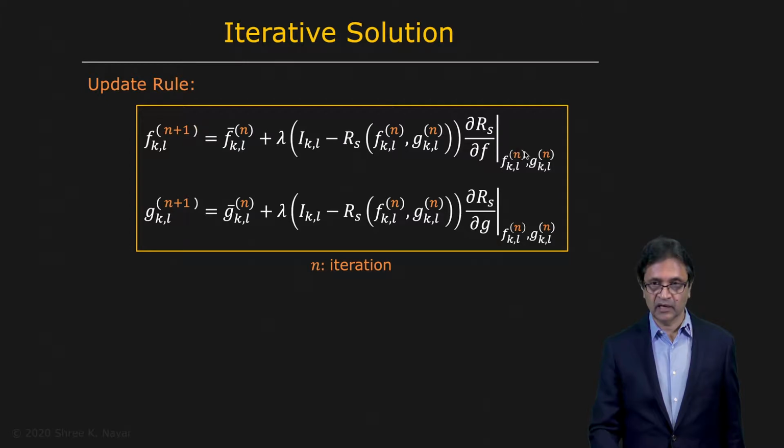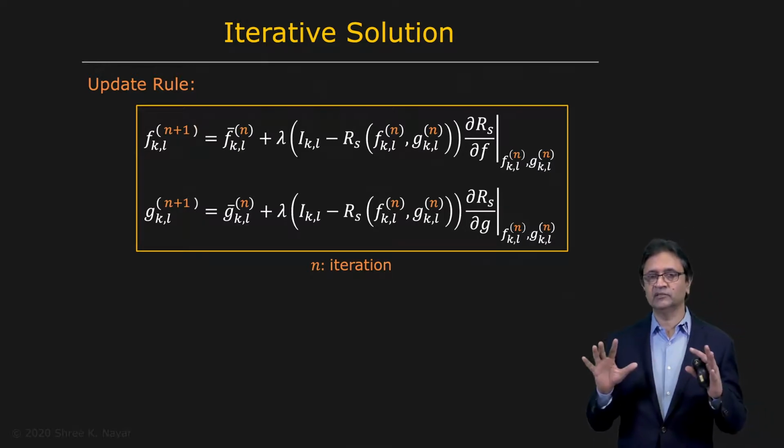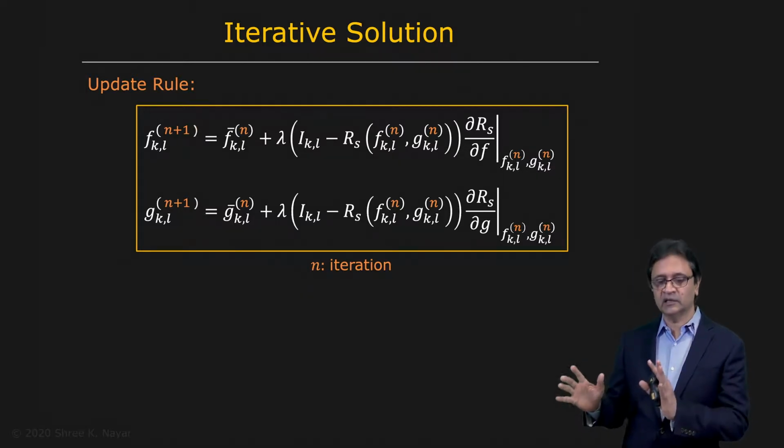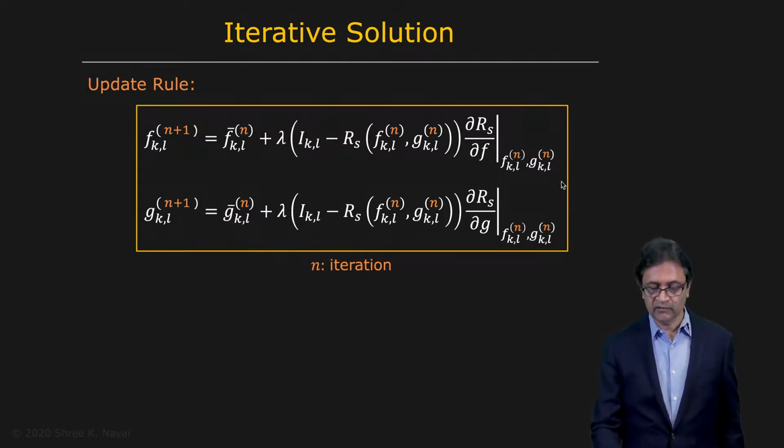N is not an exponent here. It's the iteration number. So what this means is that, let's imagine for a minute you start with some FKL, GKL values. You use all of those values on the right-hand side, and now you can compute everything on the right-hand side.